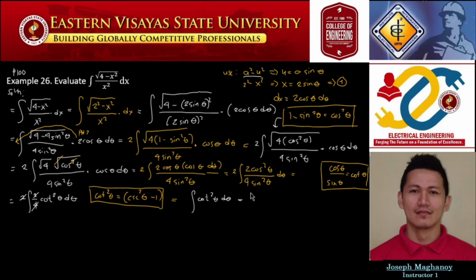If we use that, that's integral of cosecant squared theta minus 1 d theta. And we can use our property number 1. We distribute the integrand and our d theta. Integral of cosecant squared theta d theta minus integral of d theta.